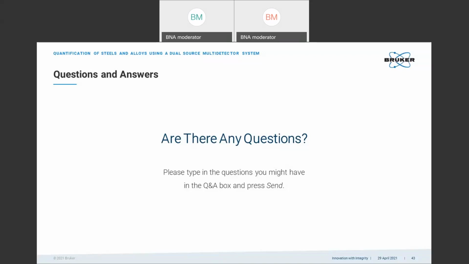Otherwise, it's a rule of thumb: for major elements, I often apply 30 seconds on the peak measurement, and for trace elements, I applied 200 seconds on the peak. In this case, I also used 300 seconds to get very good values.